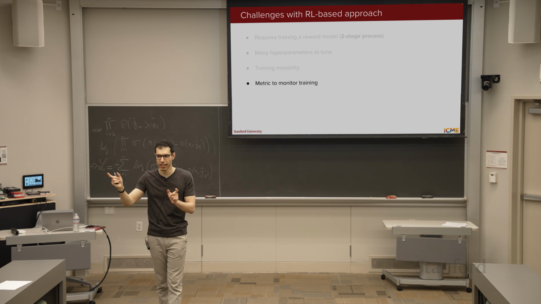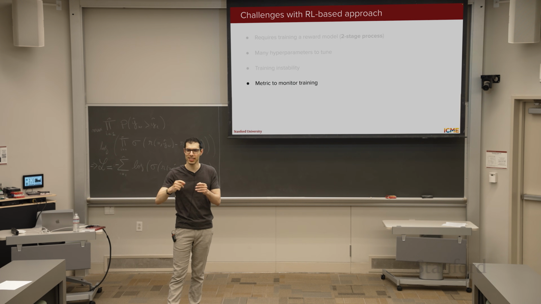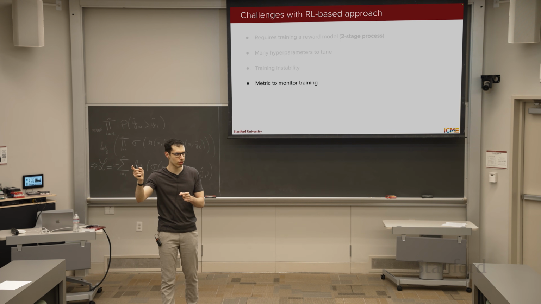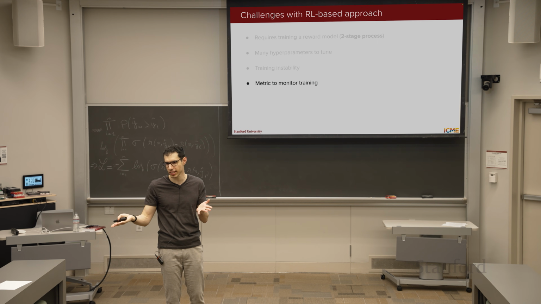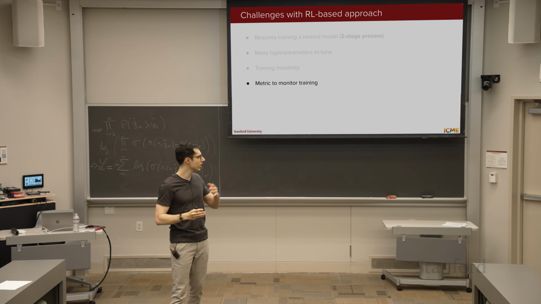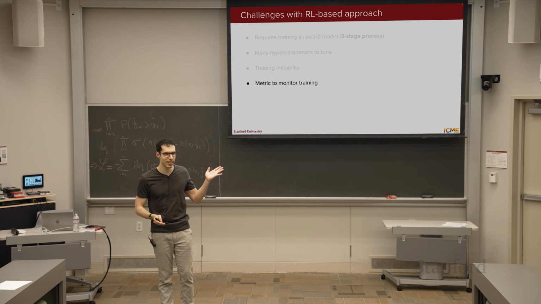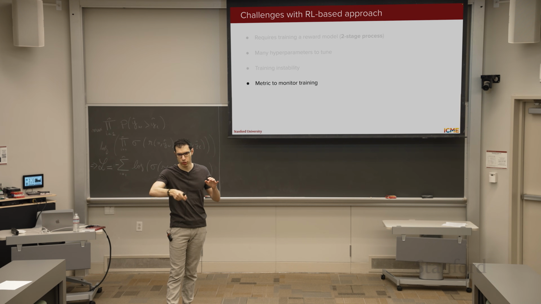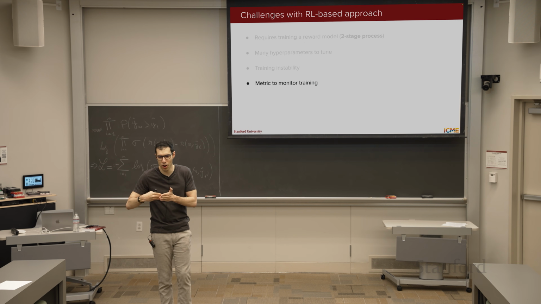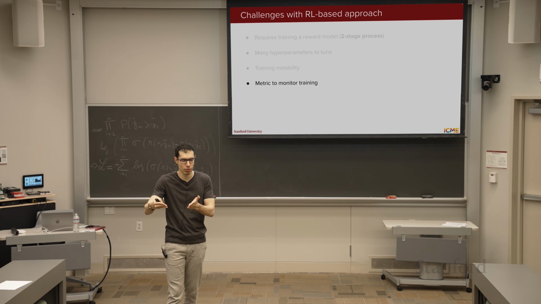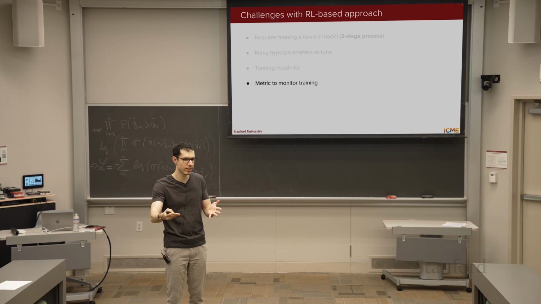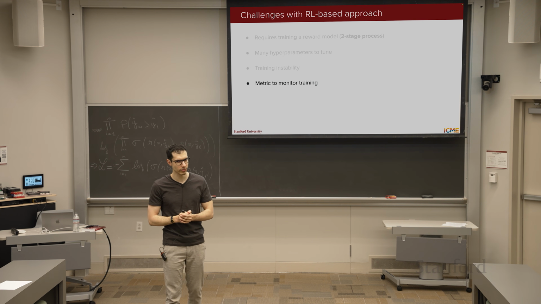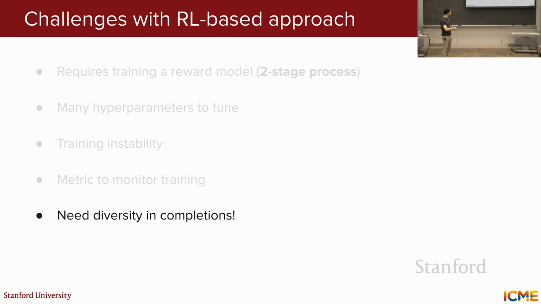But this is a way to monitor your training, but this is not the best way necessarily. So at least when it came to pre-training and SFT, you had this cross entropy loss that you were monitoring that was really telling you how your model was able to just reproduce the behavior you were trying to make it output. But yeah, so this is another challenge.